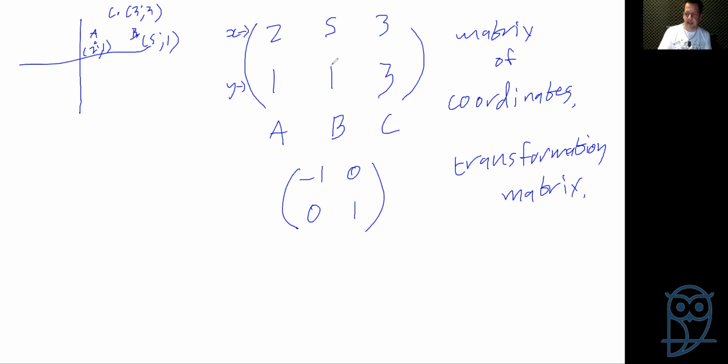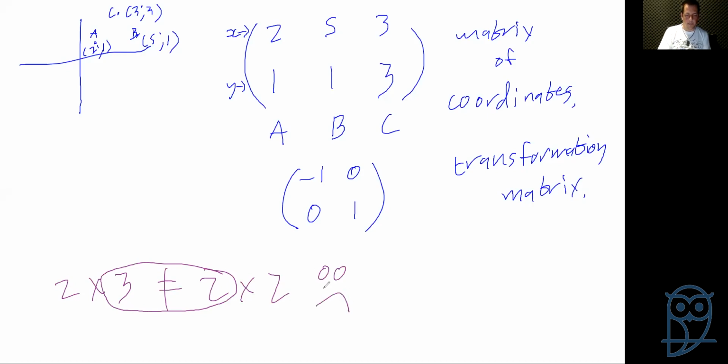Remember, this as dimensions, and it's so important I'm changing colors, this as dimensions is 2 rows by 3 columns, and this is a 2 by 2, not equal, can't multiply in that order.